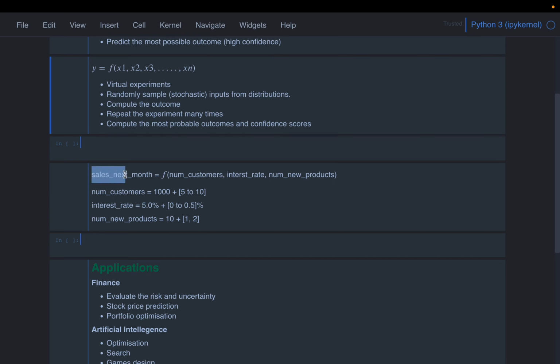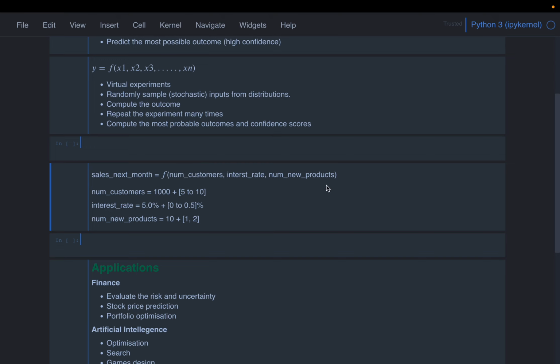Let's say we are trying to predict the number of sales next month. We are keeping all other external variables fixed except these three: the number of customers, the interest rate, and the number of new products next month. So our sales for next month are going to be dependent on only these three values.